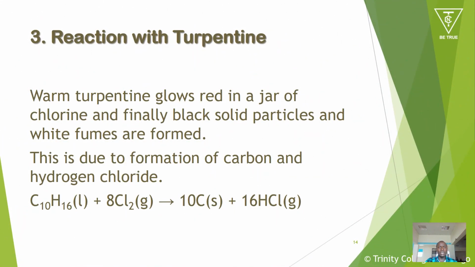Reaction with turpentine. Turpentine has a formula C10H16 and it is a liquid normally used as one of the components of liniment. Now, when you pour turpentine into a gas jar full of chlorine, the turpentine glows red, and then finally black particles of carbon and white fumes of hydrogen chloride gas are formed.